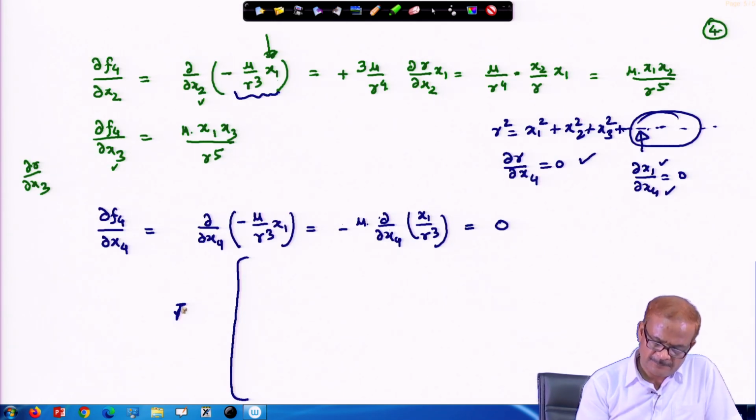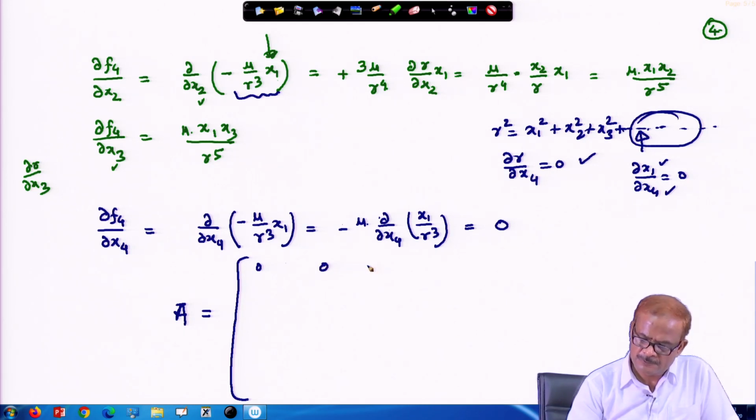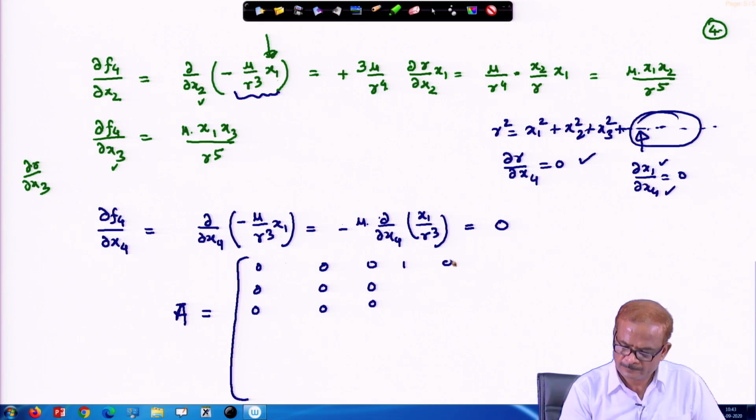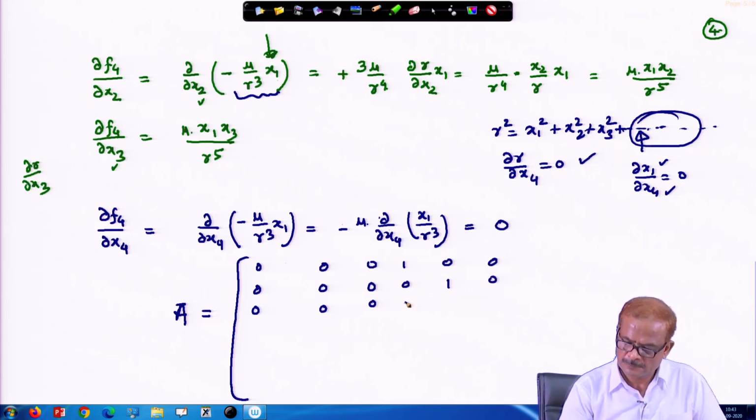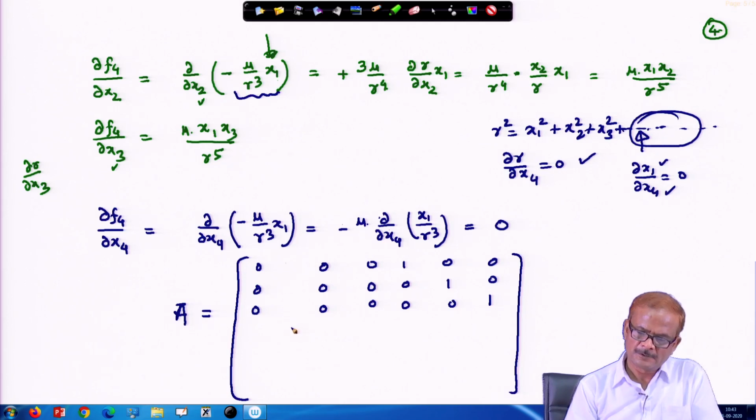So, this matrix can be written as A equal to 0 0 0 0 0 and other elements we have to enter here.